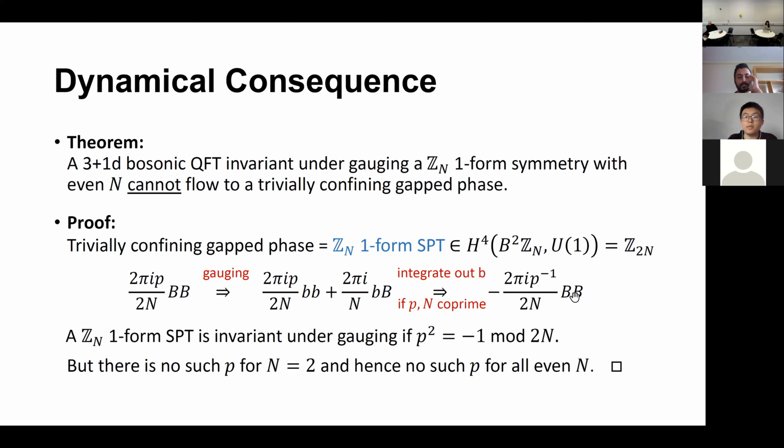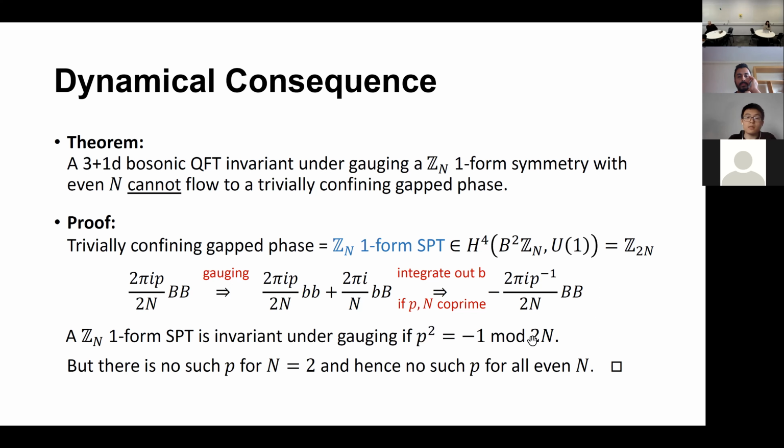If p and n are coprime, we can just integrate out B. And when we integrate out B, we'll also obtain a Zn 1-form SPT, but now with coefficient minus p inverse, where the inverse of p is the inverse in the Z2n field. The statement that this Zn 1-form SPT is invariant under gauging just means that p equals minus p inverse mod 2n. That means that p squared equals minus 1 mod 2n.